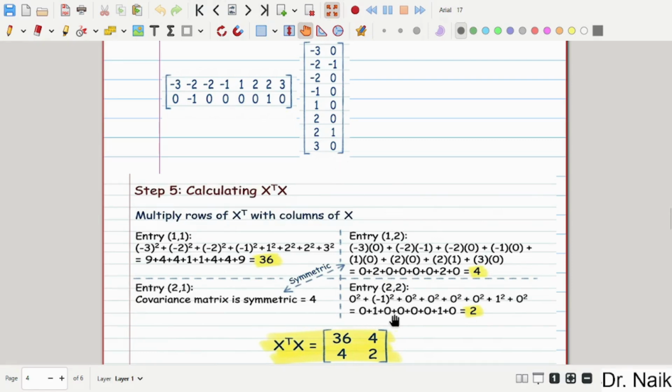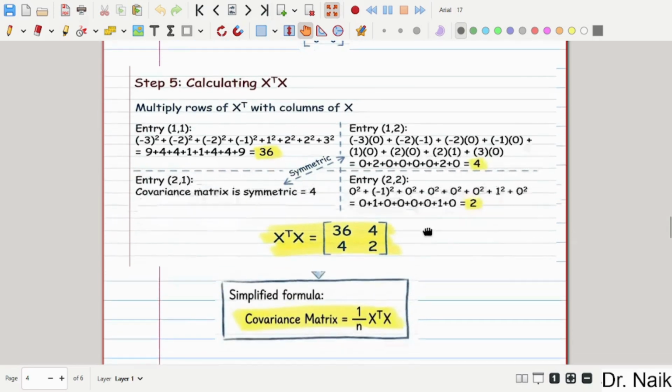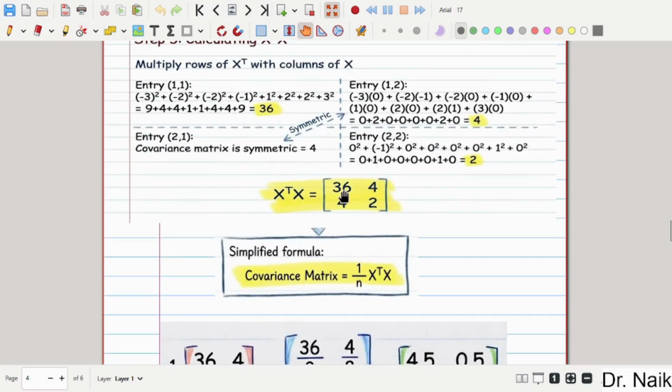So sum all these numbers, it will give 2. So our 2 2 entry, second row second column, is 2. So our X transpose X is 36 4 4 2.